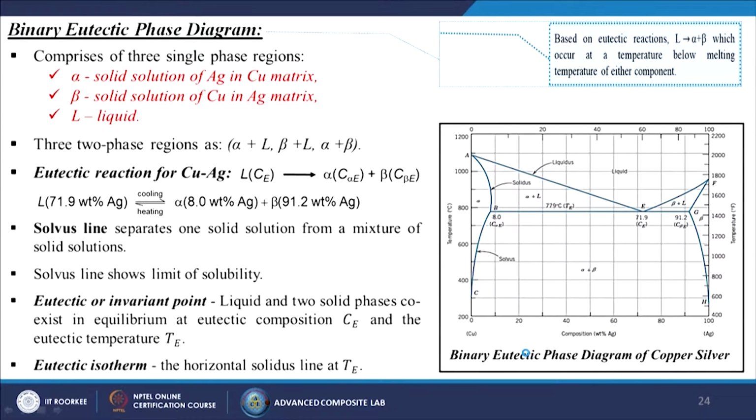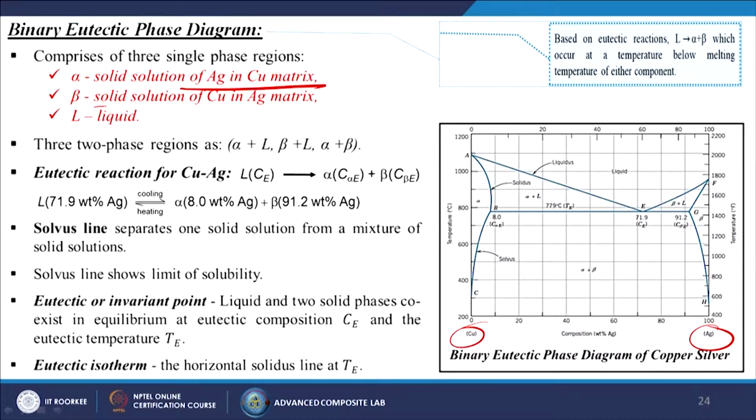Now, we are discussing the binary eutectic phase diagram. It comprises 3 single phase regions. We are going to give the example of copper and silver.